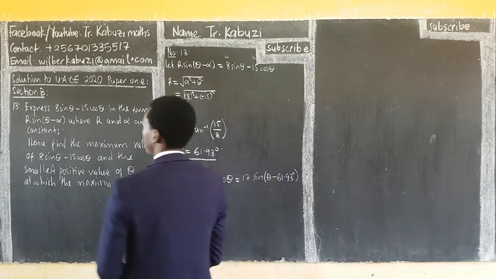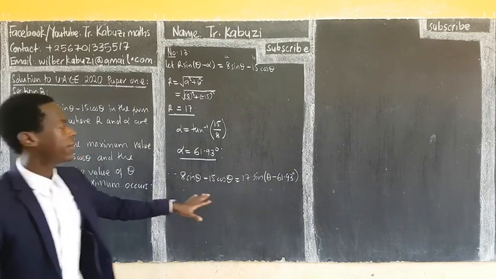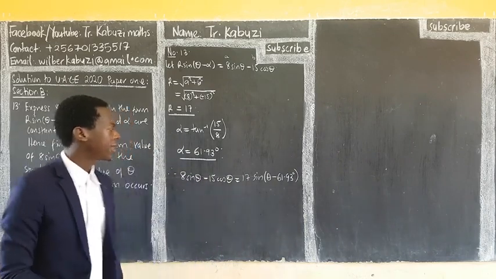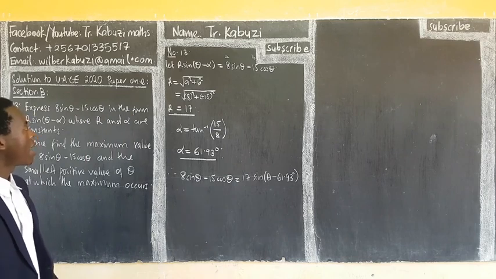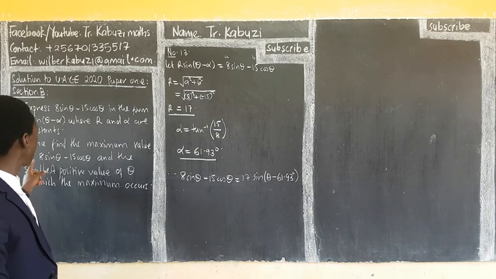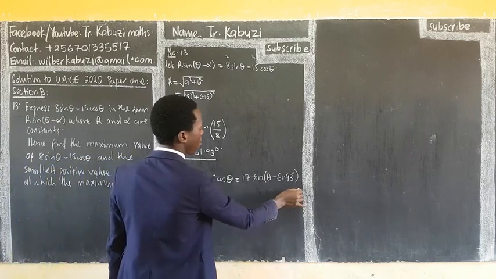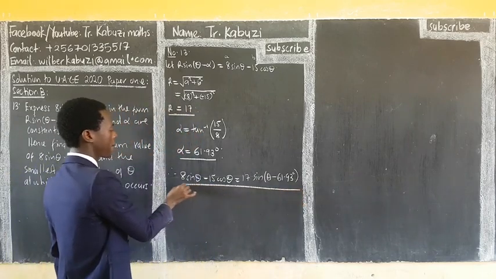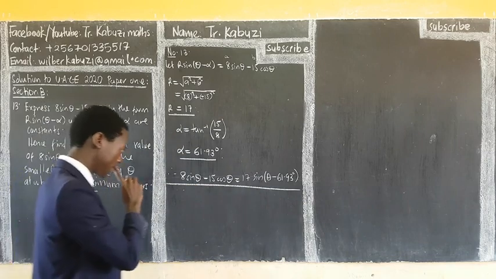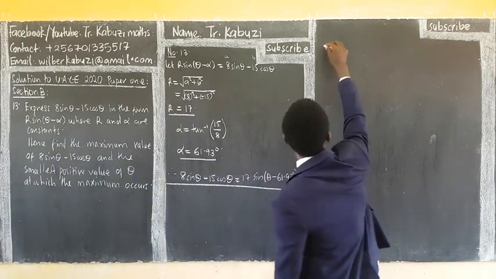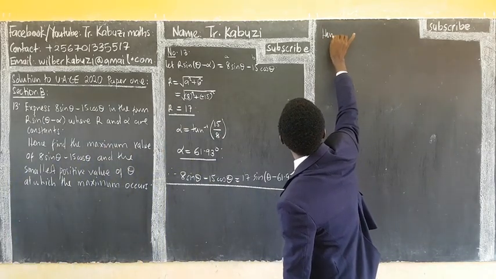So now you see, we have expressed this in terms of that. So all of this is equal to that with ease. Now, they are telling us, hence find the maximum. So this was our part A here. So the next part is, let us see here, the next part.